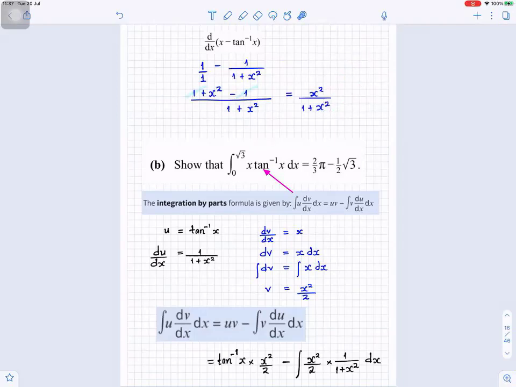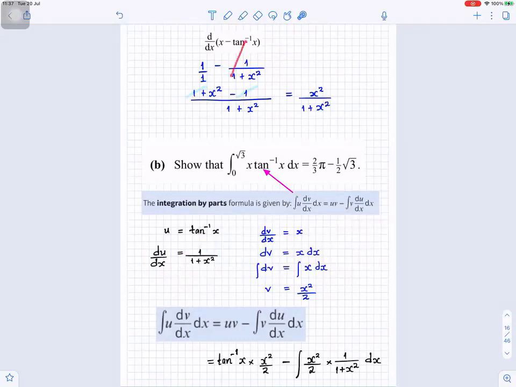Part B. Integral. Show that the integral from 0 to root 3 of x inverse tan x dx is equal to that. We're going to use integration by parts. If we put u to be inverse tan x, du over dx is 1 over 1 plus x squared.